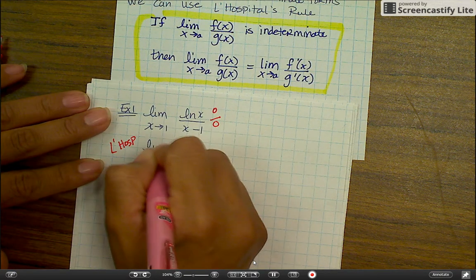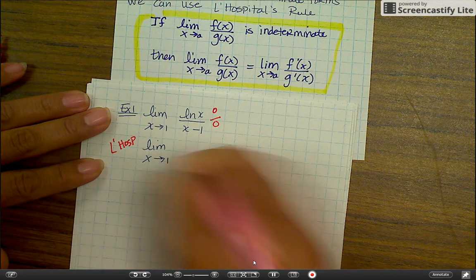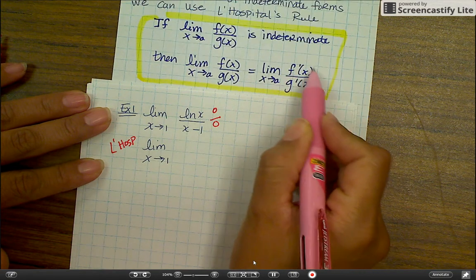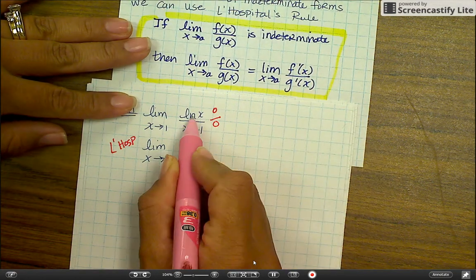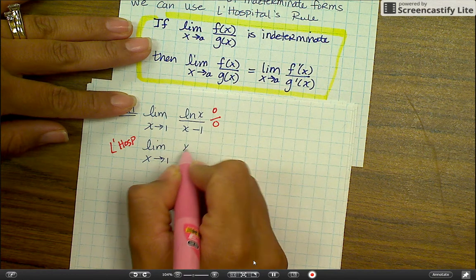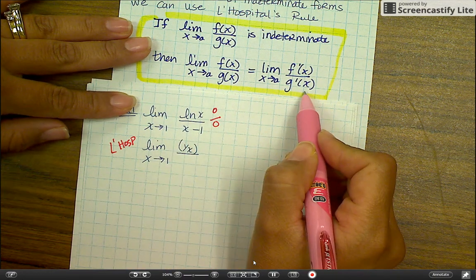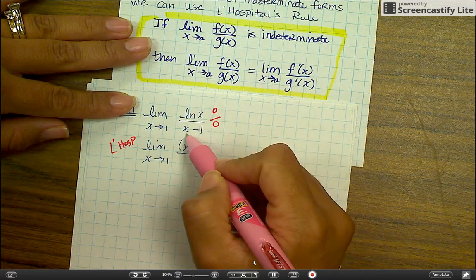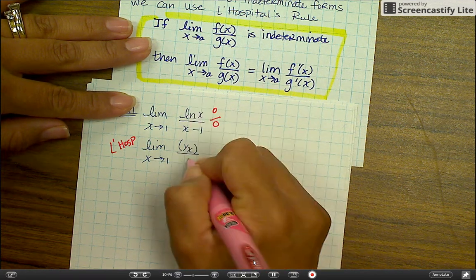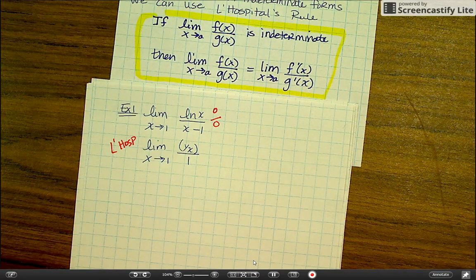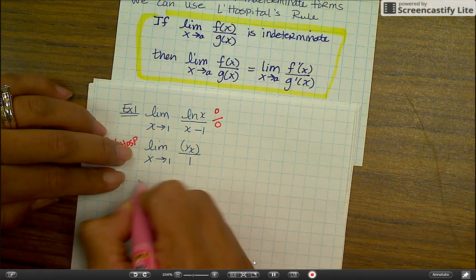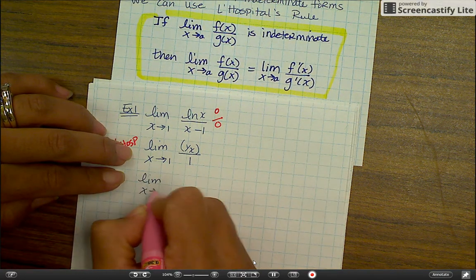Now I will say limit as x goes to 1, and I'm going to take the derivative of the numerator. What's the derivative of natural log? It's 1 over x, divided by the derivative of the denominator. What's the derivative of that? That's 1. Now, before I continue, I like to simplify my expressions first.